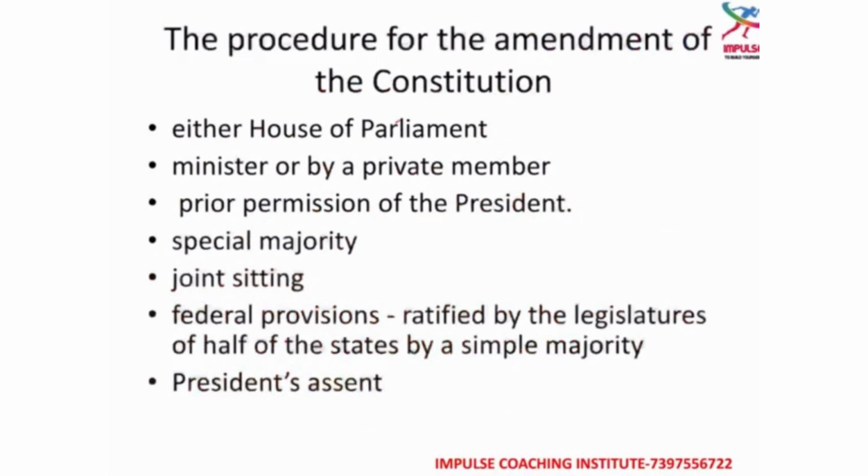So let's see the procedure. An amendment of the Constitution can be initiated only by the introduction of a bill for the purpose in either House of Parliament and not in the state legislature. So the bill can be introduced only in the Parliament. It cannot be introduced in the state legislature.